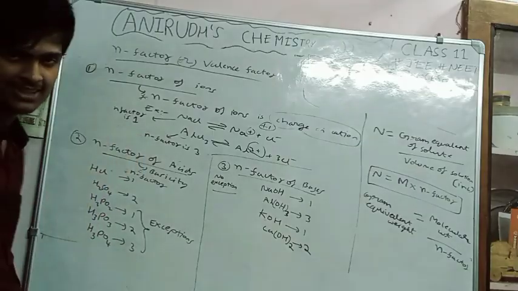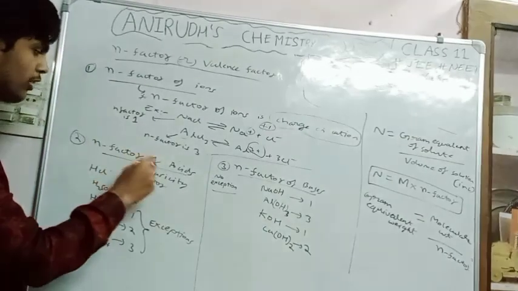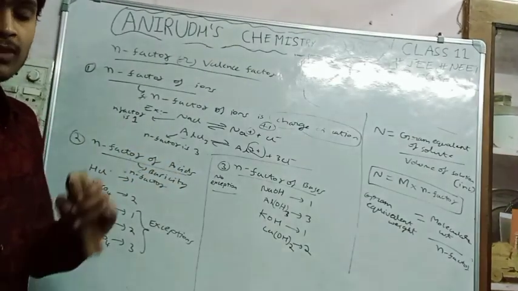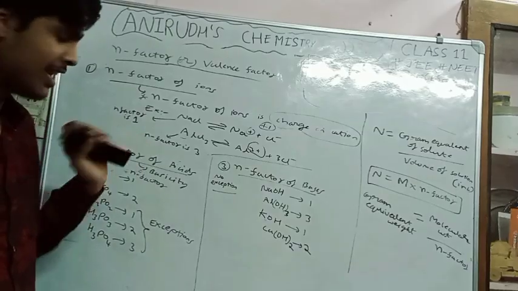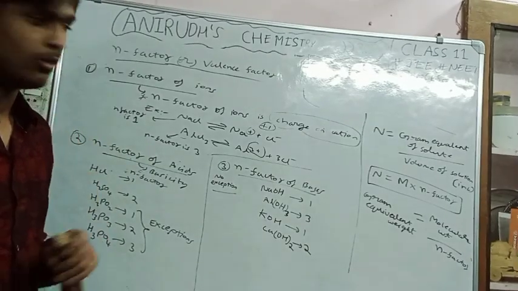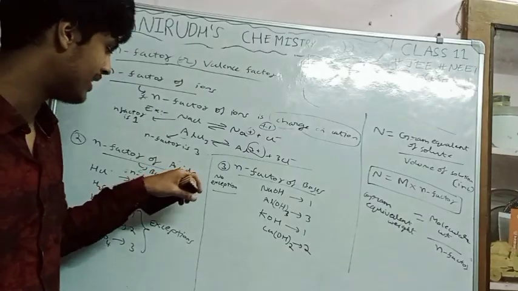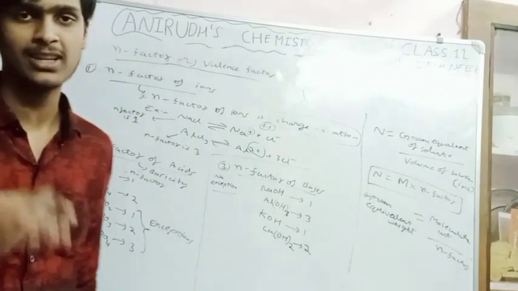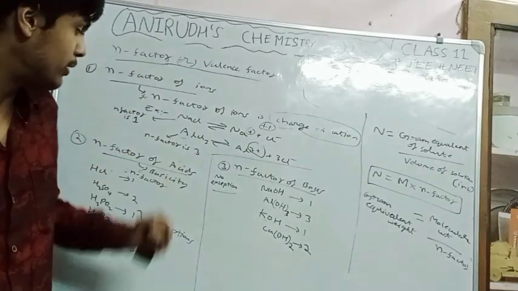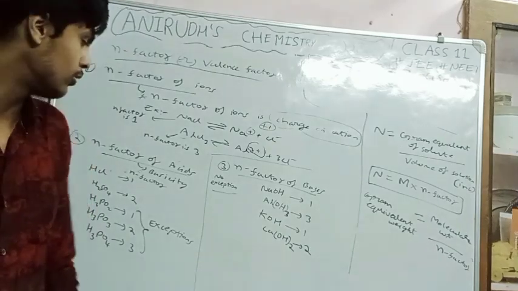Now, n factor of acids. The n factor of acids is nothing but the basicity. What is the basicity if you ask? We don't want the actual definition of basicity. I am going to tell you, but no need to note it, it's not for our use.